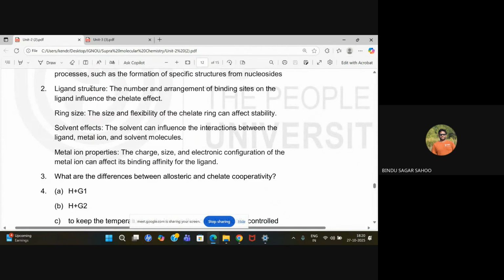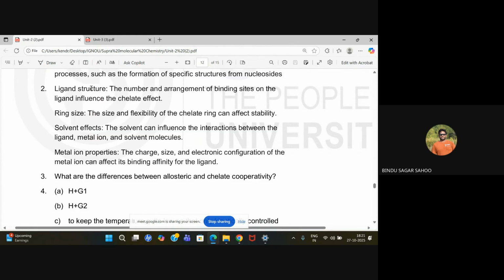Previously I told you that it doesn't mean any type of ring will favor stability of the complex. If you take a three-member ring, quite okay, but it is a strained ring. If you take a four-member ring, definitely the strain also exists. The strain is a little less, but it will still exist.